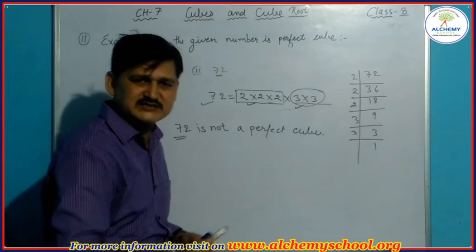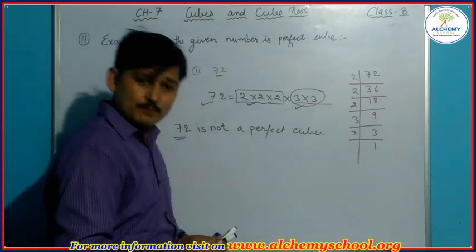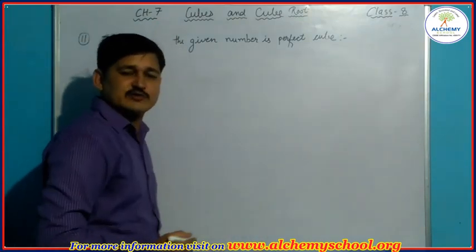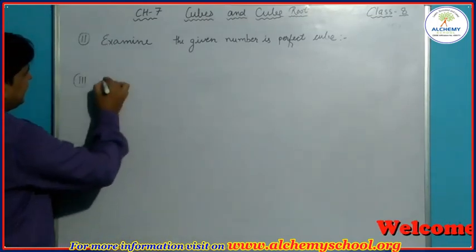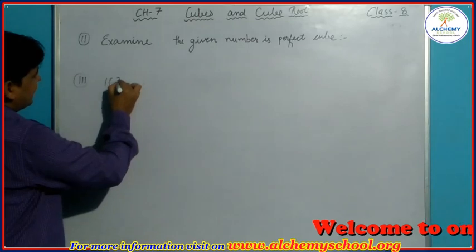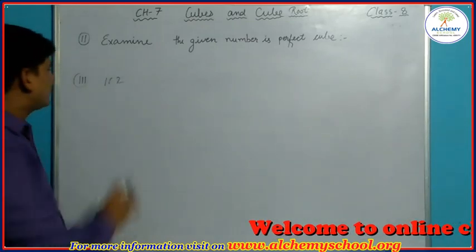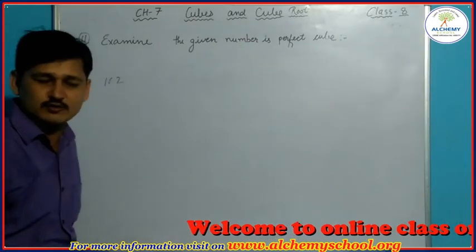Let's try to understand by taking one more example. The next example is example 3, and the third number is 162. We are going to find whether 162 is a perfect cube or not.